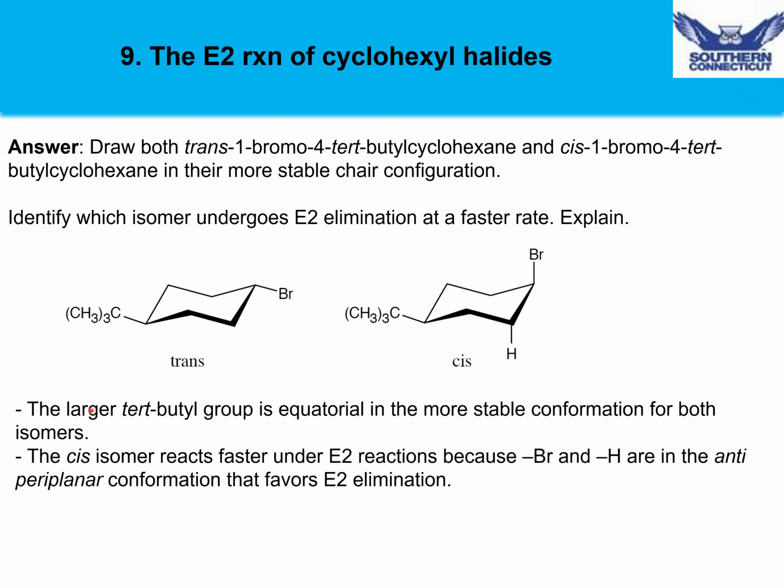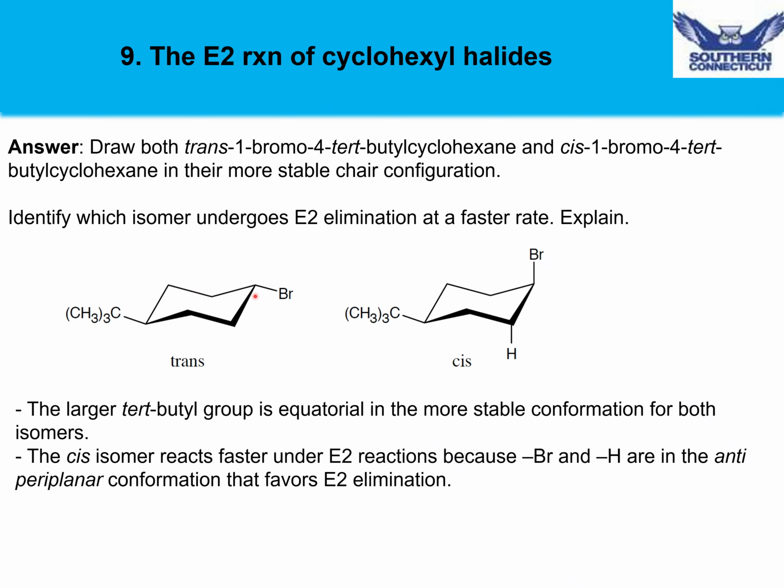Now, between these two, which one would react faster? Well, the bromine, notice, is equatorial in the trans isomer. That is not what we want for an E2 reaction. So we would want to first convert this chair conformation into the other chair conformation of this compound.